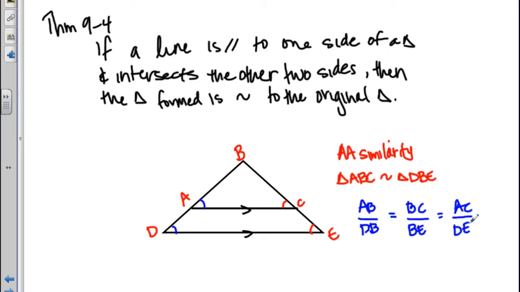All right, they'll have the same scale factor. So this triangle is similar to the original triangle before I drew the line parallel to the base.